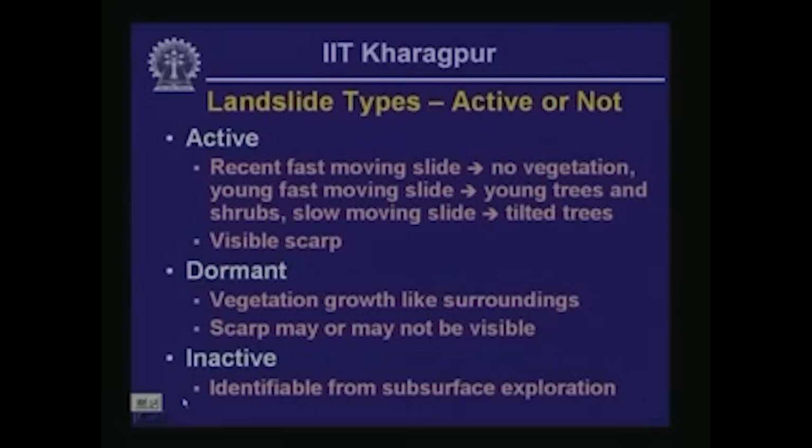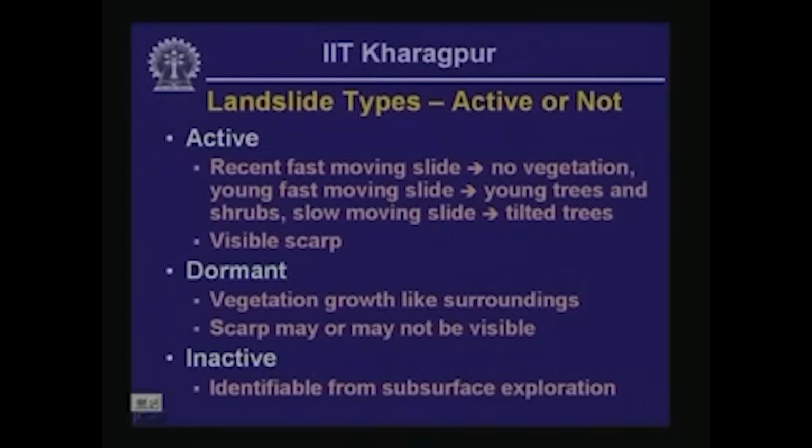There are other types of classification, as we are going to see here. We are going to call a landslide an active landslide if you have got recent movement. It is going to be called a dormant landslide where at the present time there is no movement, but if the area is destabilized, then that is going to trigger a movement.